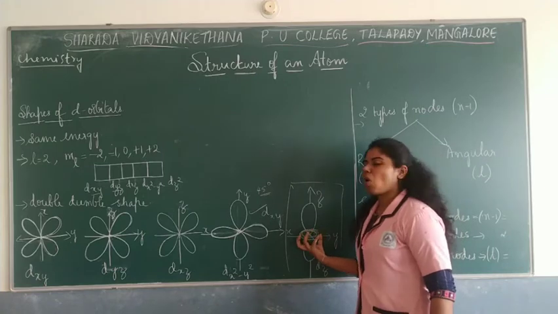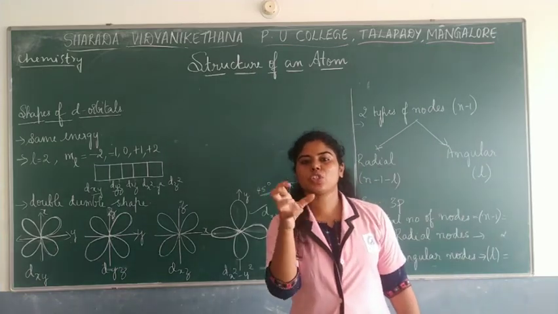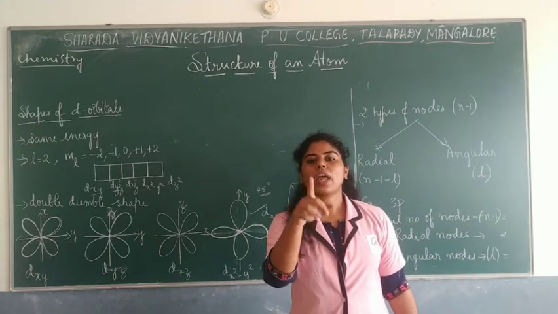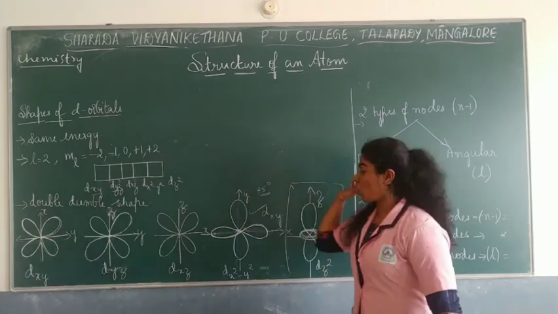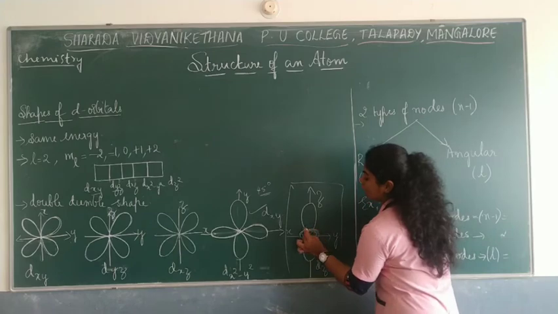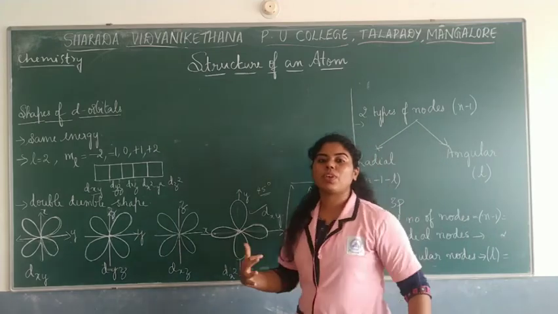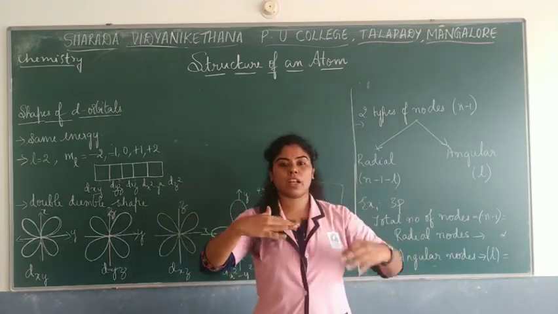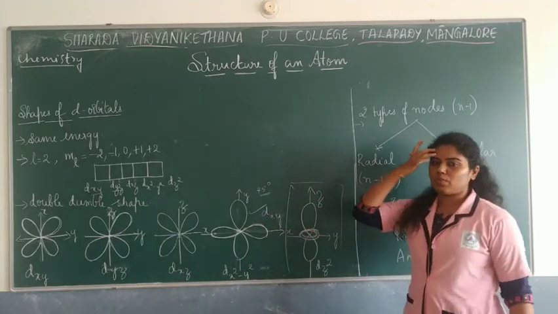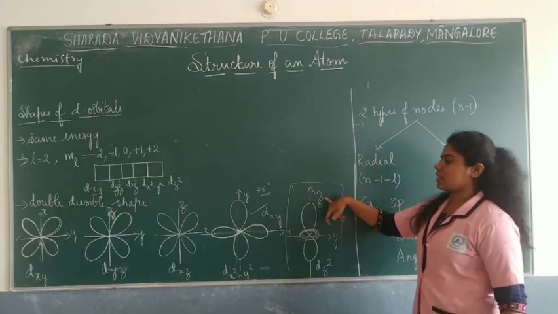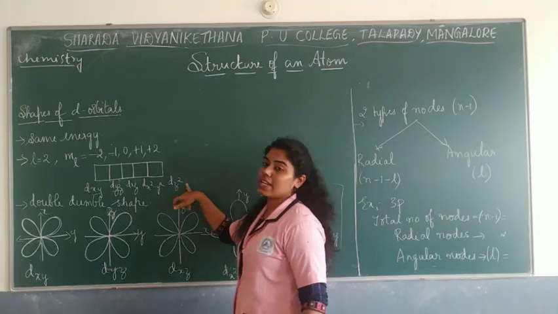So you call them as electron cloud, which is being present in between. So you have a dumbbell which crosses along the z-axis, and you have an electron cloud which comes in between, or which comes in the xy plane. So electron cloud is being present, and then you have one dumbbell shape which is present along the z-axis, and that's why you call them as dz square.